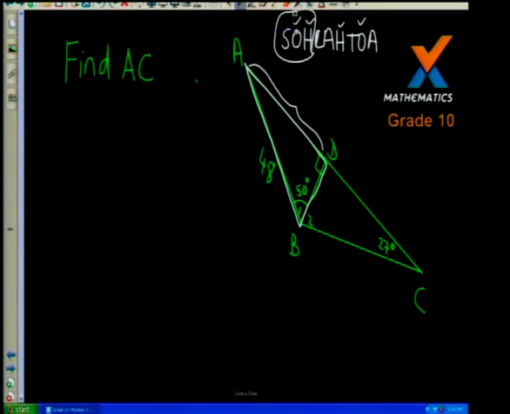So now, since I've started off with sine of B1, that would be equal to the opposite side AD over 48, or the opposite over the hypotenuse.